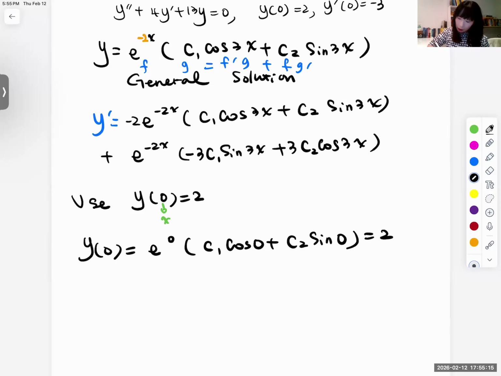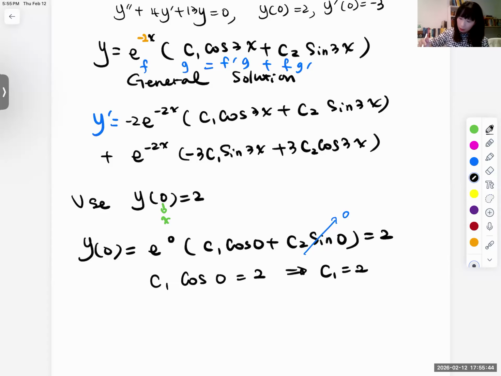Okay, then cosine 0 is 1, sine 0 is 0, right? So we have 1 times c sub 1 cosine 0 equal to 2, which is c sub 1 equal to 2, right?